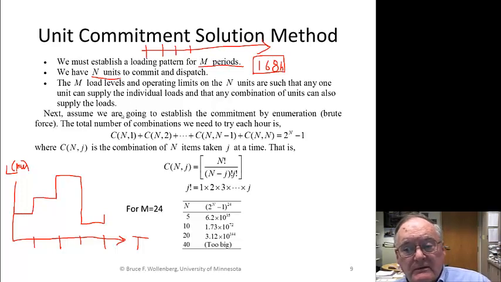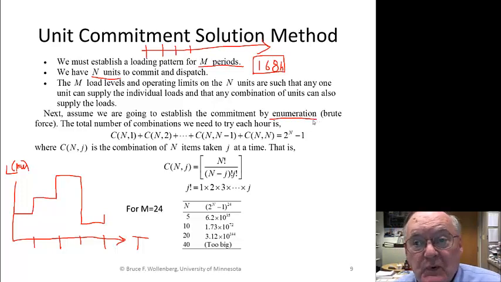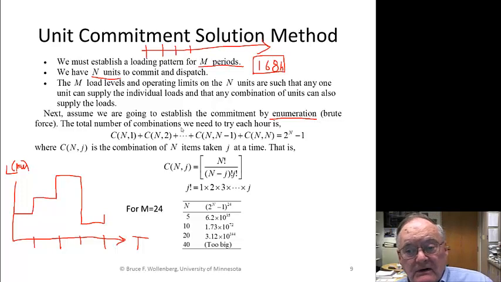We're going to establish commitment if we did it by enumeration, okay, better known as brute force. The total number of combinations that we need to try each hour is like this. We need to try all N units one at a time. That you probably can't supply. Now, this doesn't say anything about feasibility of these combinations, but just to enumerate them all: N units 2 at a time, all N units up to N minus 1, and all N units N at a time.